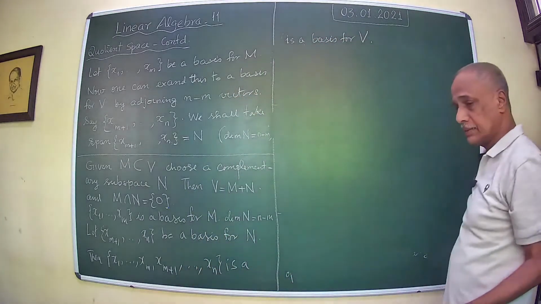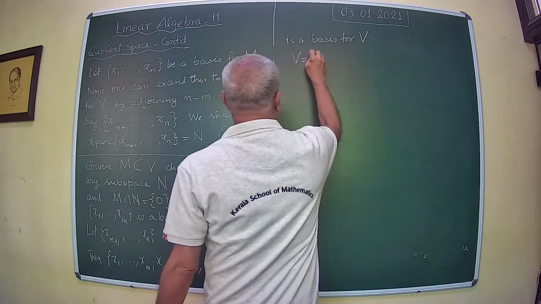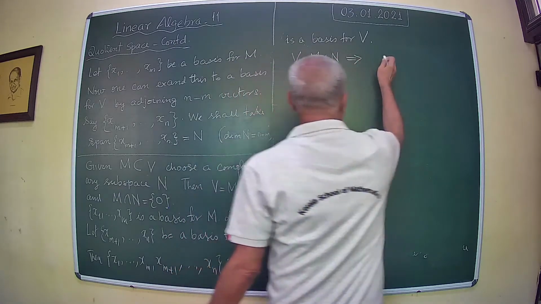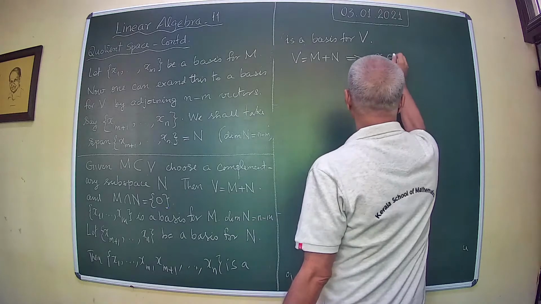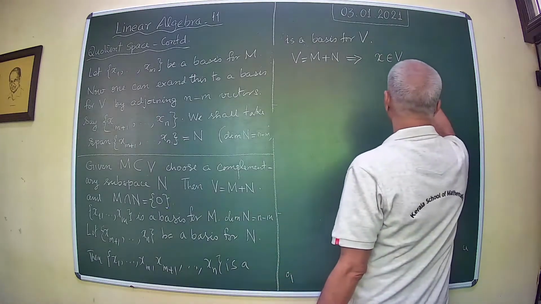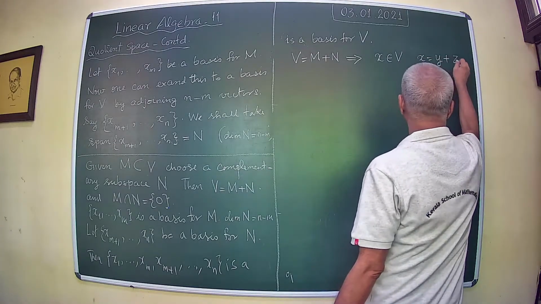how to prove this? You see that V equal to M plus N implies any vector x belonging to V can be written as x is equal to y plus z.